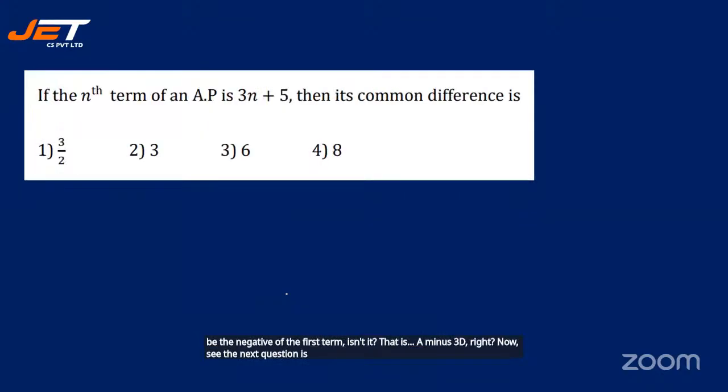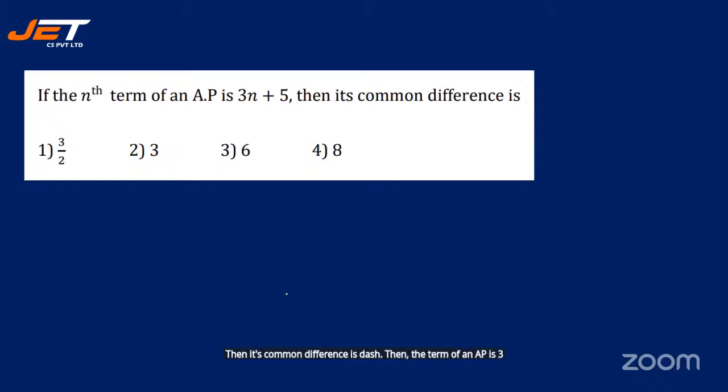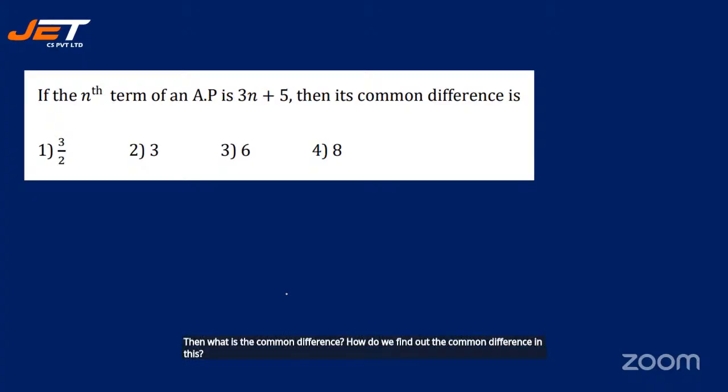If the nth term of an AP is 3n plus 5, then its common difference is dash. The nth term of an AP is 3n plus 5. Then what is the common difference? How do we find out the common difference in this? So the nth term, that is Tn, A plus n minus 1 into D, will give you 3n plus 5.